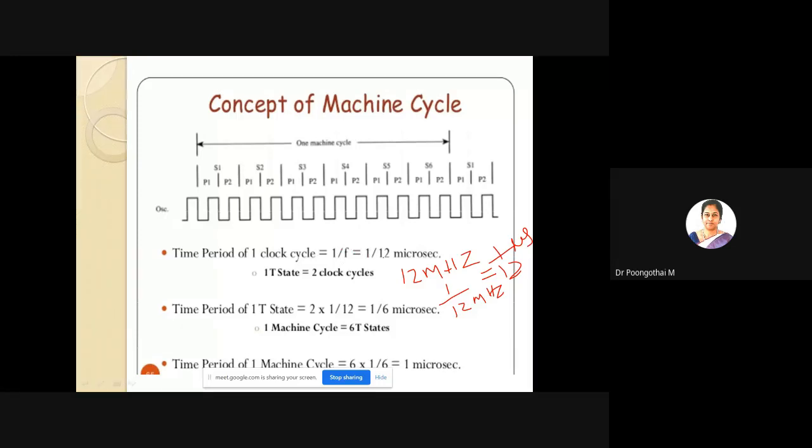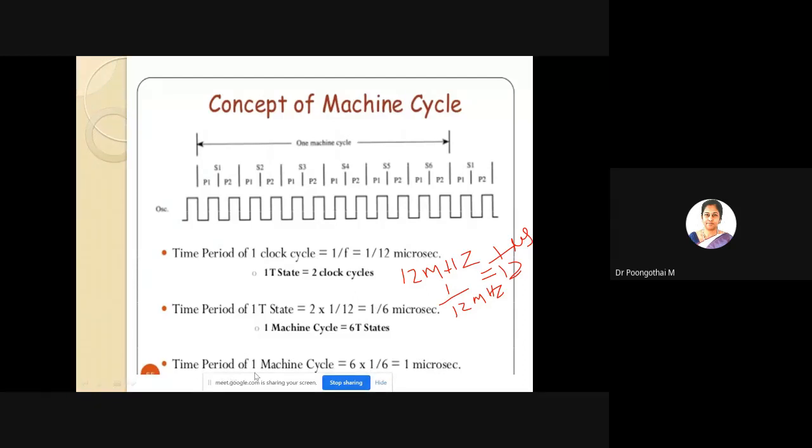One T state is 2 clock cycles, and there are 6 states. So the time period for one T state is 2 into 1 by 12, that is 1 by 6 microsecond. One machine cycle is equal to 6 T states, so 6 into 1 by 6 is equal to 1 microsecond.